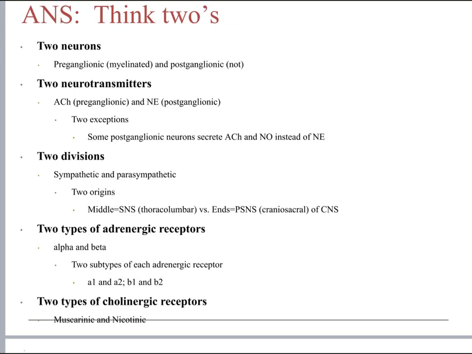So the nice thing about this slide where we think twos, I've been hinting this to you all lecture long, so we could put everything we've talked about, all 27 of these slides, into one nice neat little package.